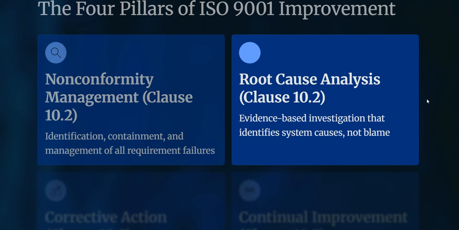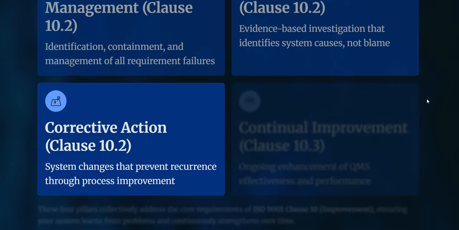The second pillar is root cause analysis, which is Clause 10.2, and it covers evidence-based investigation that identifies system causes, not blames. Then the third pillar is corrective actions, which is Clause 10.2, and that covers system change that prevents recurrence through process improvement.